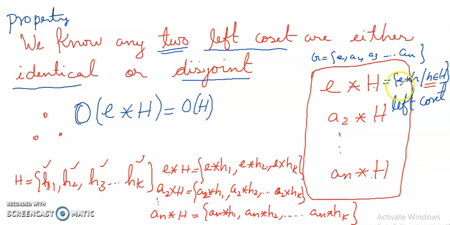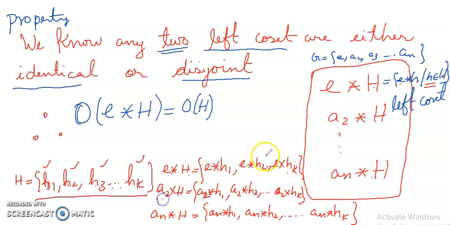So we can write E star h1, E star h2, because h1, h2 are elements of capital H. We take all the elements of capital H, and E star capital H means E star h1, E star h2, E star h3, etc., up to E star hk.